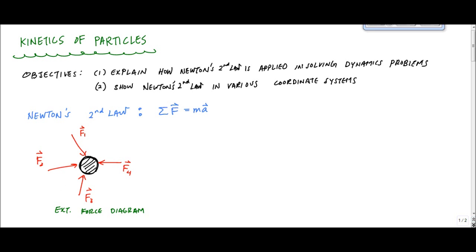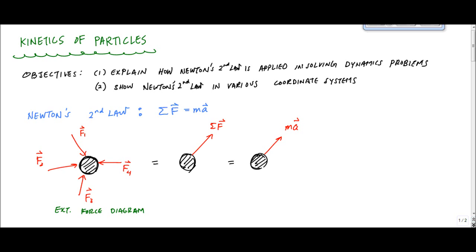And what happens is when I apply this summation of all the forces, what I get is a resultant force acting on this particle here, which I will draw this way. I'll say the sum of all these ends up with this right here, this resultant force. And this resultant force causes inertia or a motion here. And we'll say here, this inertia is described by mass times acceleration.